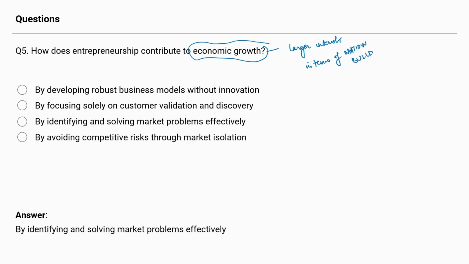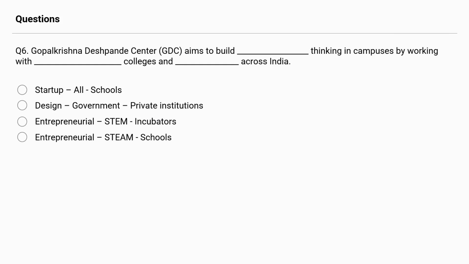At a broad, zoomed-out level we have to see how this entrepreneurship is contributing to economic growth in the largest interest of the nation, and that is by identifying and solving market problems effectively. What are the problems prevalent in the market? Try to address them such that the masses are up and above all these factors and issues, and they are able to live a comfortable life. Well done, well done. Okay, let's come to our question number six.